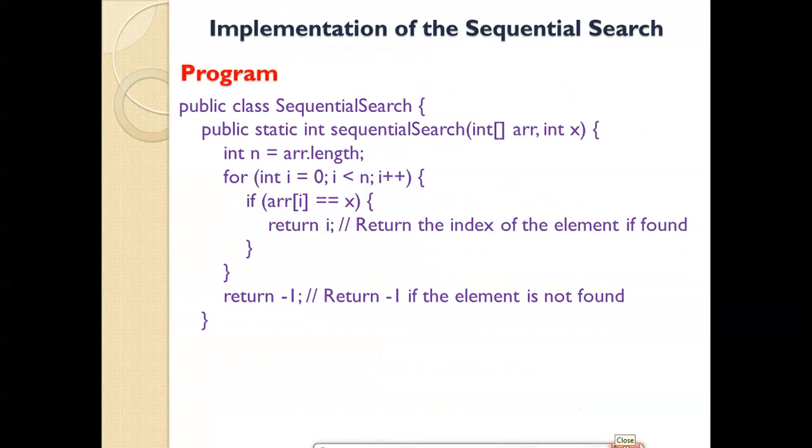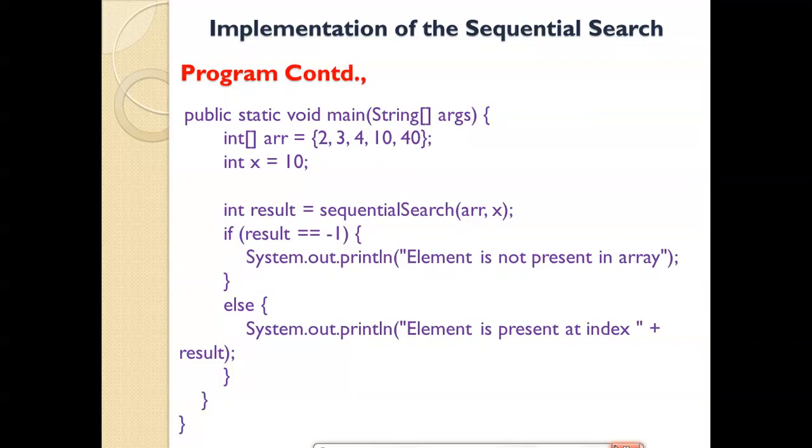Next, I am going to move to the program. This is the definition of the sequential search method. But in a Java program, execution starts from the main function, so I move to the main function. It has the general syntax: public static void main, String arguments.